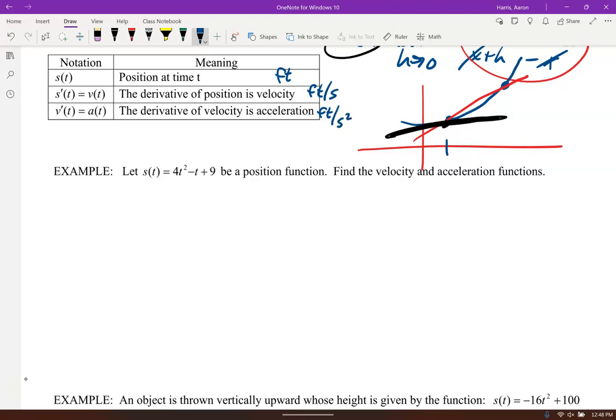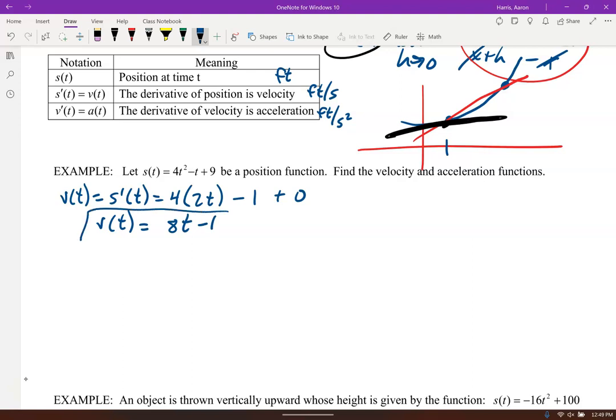Okay, so let's take this position function here. s of t is our position. Let's go ahead and find the velocity. So the velocity would be the derivative of position. 4 stays there. We take the derivative of t squared with the power rule, 2t to the 1, minus the derivative of t, which is 1. The derivative of a constant is 0. So the velocity is 8t minus 1.